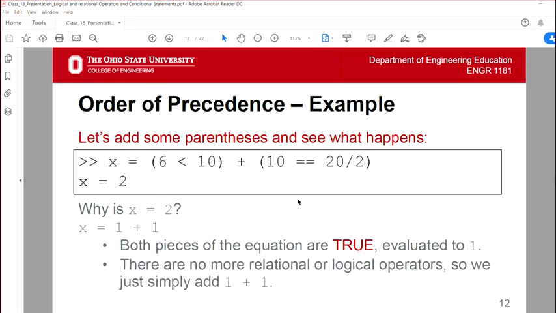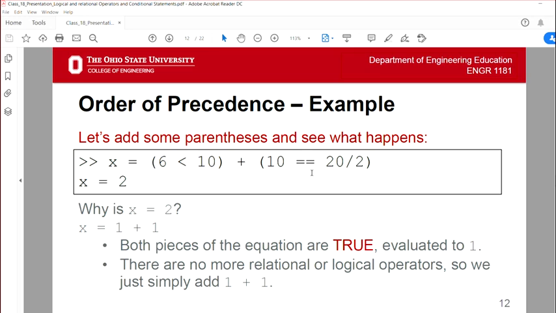In this example, we kept the numbers the same, but we added parentheses, so we changed the order. We know that the parentheses have the highest precedence compared to the others, so each term in parentheses should be evaluated first. Maybe you go from left to right, since both are parentheses. So 6 smaller than 10, that's true, so that's 1.